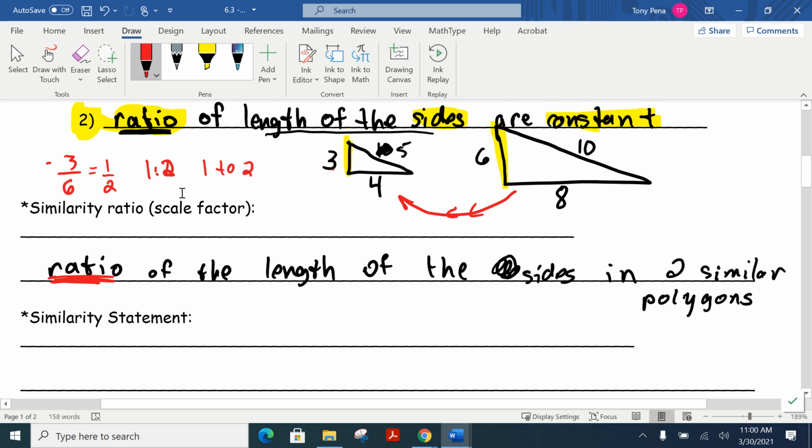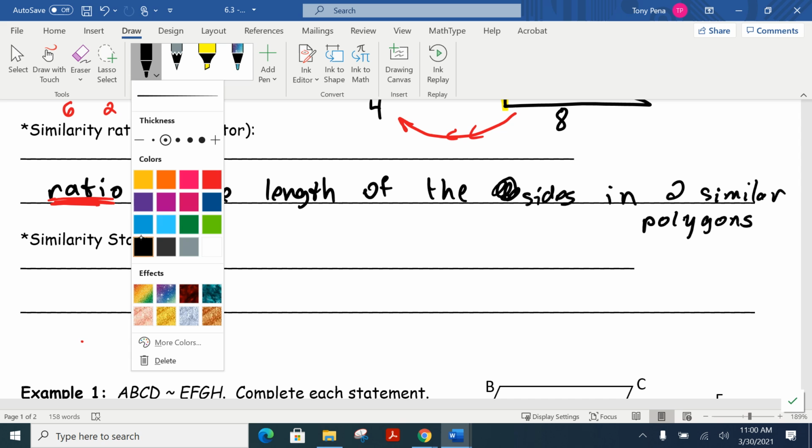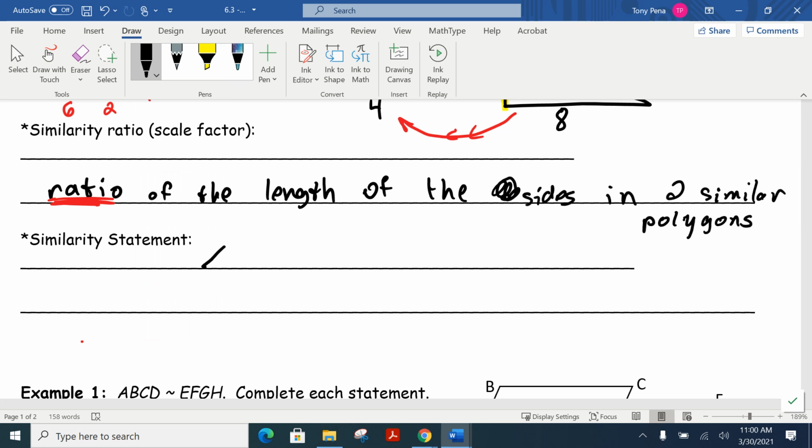Okay. All right, the similarity statements. So here's what I want you to do here. We'll do this as a triangle. So write triangle, and then I'll have you do ABC. And then we're going to use that little similar sign. So I'm going to tell you that triangle ABC is similar to triangle XYZ.